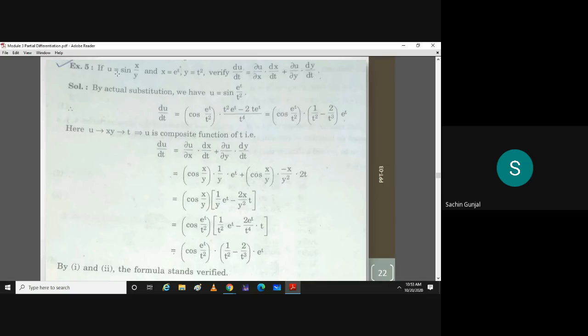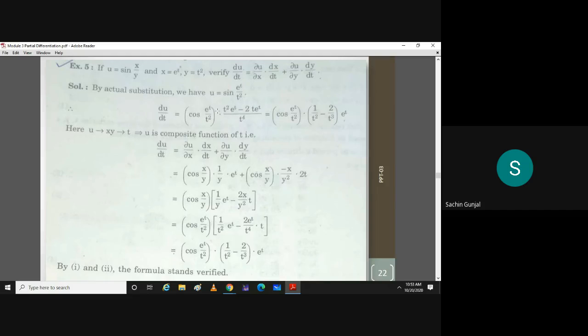You need to substitute x and y as functions of t. So u is equal to sin of e raised to t upon t squared. This is my u in terms of t. So du/dt is cos of e raised to t upon t squared into the derivative of e raised to t upon t squared. Again, you need to apply the quotient rule for that.